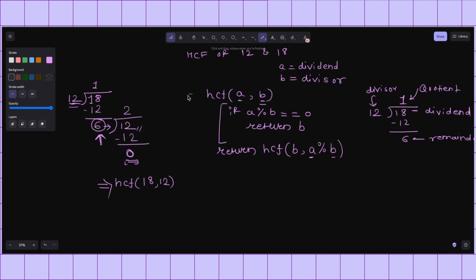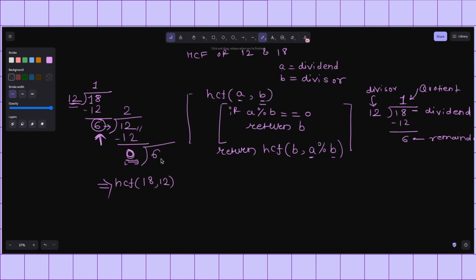So this is what the function looks like. We can optimize it again. Instead of calculating a % b again, we can move these steps further, following the same pattern. The current remainder becomes the current divisor, and the current divisor becomes the dividend.